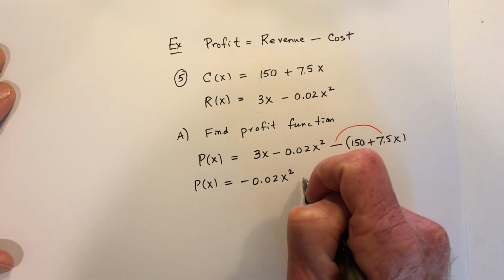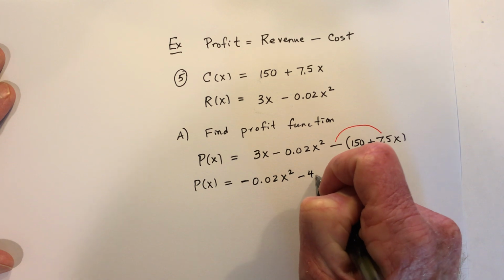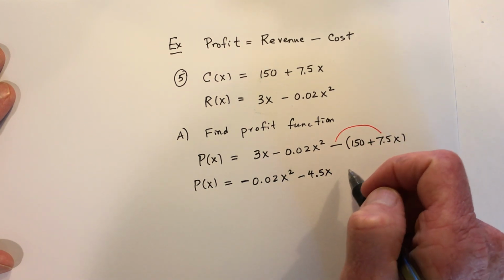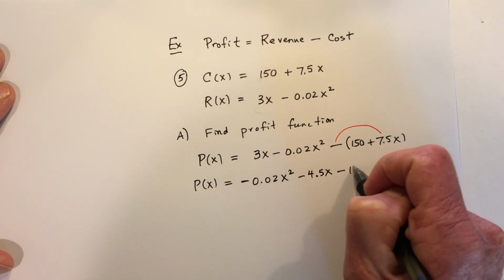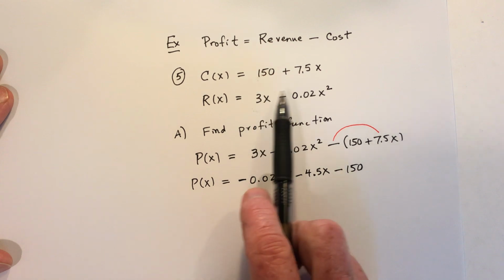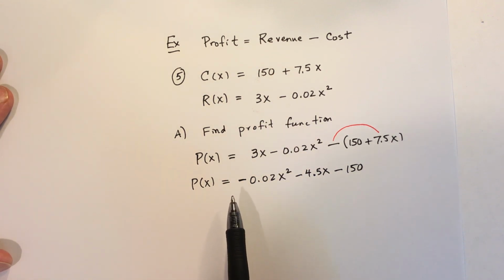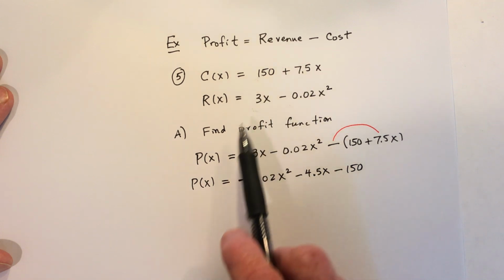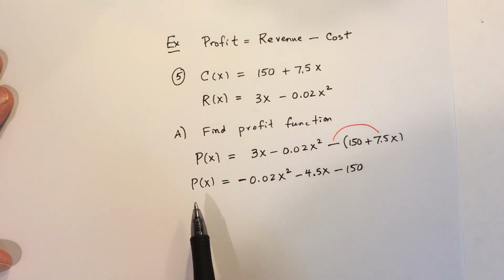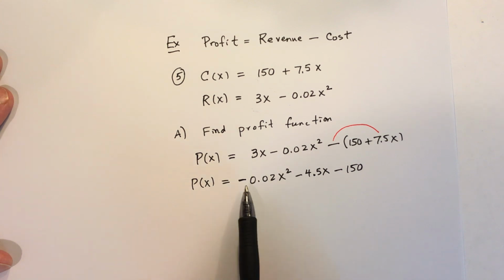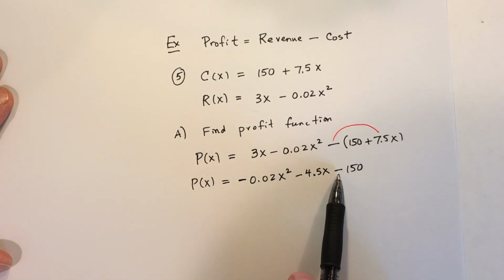So then there's negative 4.5x, and then minus 150. So I copied this one from one of the homework questions, and I just made my own interpretation of it. But I'm doing the math correctly, but this is sad because their profit is negative. They are not very good at this business.